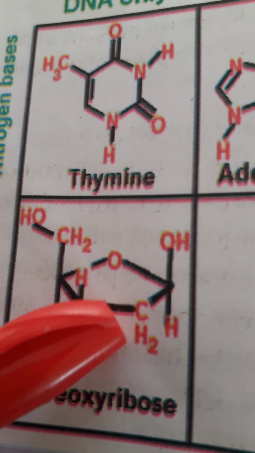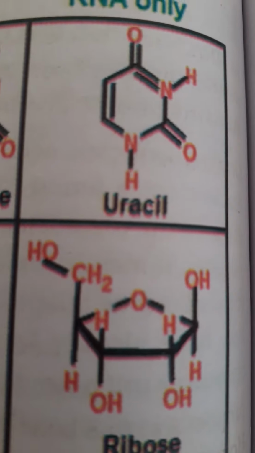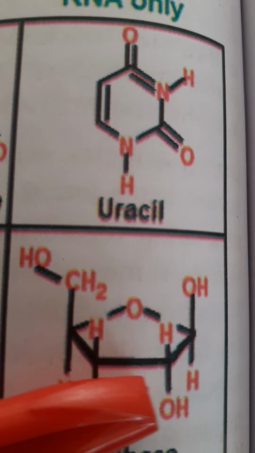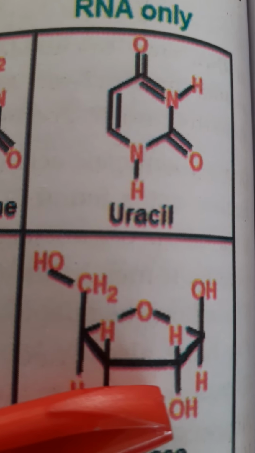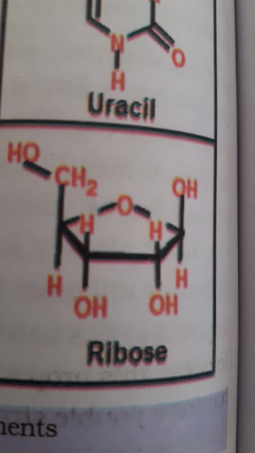See here the second carbon, it is not having OH, it is having 2 hydrogens. Here it is having OH group. So can you see OH group at the second carbon attached? This is the main difference between the sugar which is present in the RNA and the sugar which is present in the DNA.